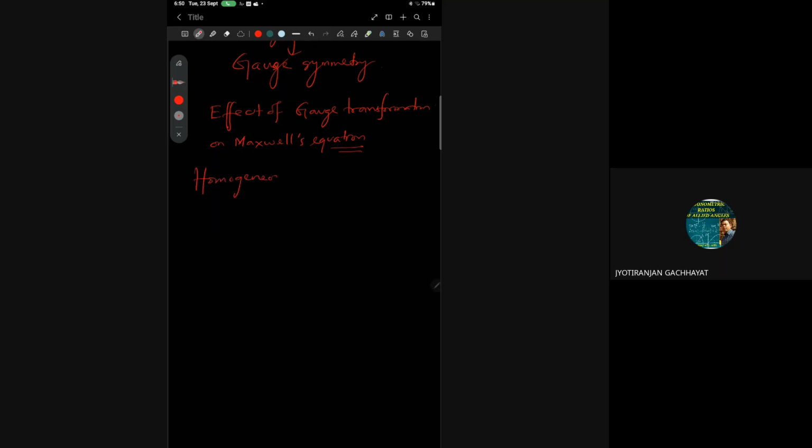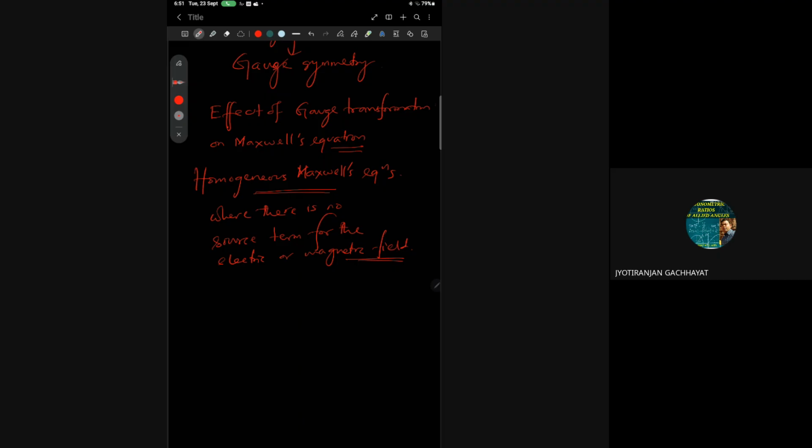Homogeneous Maxwell's equations means what? Maxwell's equations where there is no source term for the electric or magnetic field.